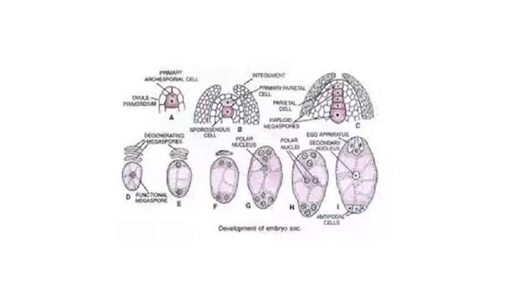And centrally present is the secondary polar nucleus, which is diploid in nature. What is its role? It takes part in fertilization, that is double fertilization, which is an important unique characteristic of angiosperms. And three haploid antipodal cells are arranged on the chalazal end. In this way, a 7-celled and 8-nucleate embryo sac is formed.